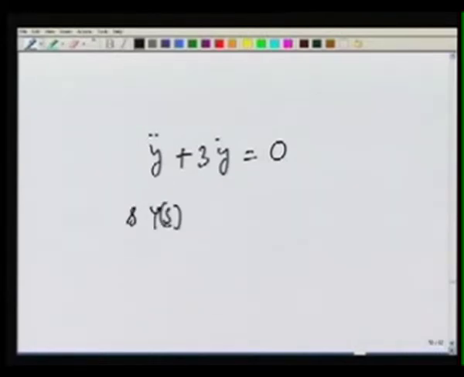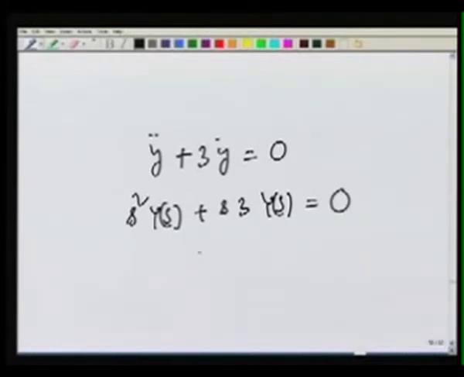So, we found y double dot plus 3 y dot is 0, and if I convert this into the Laplace domain, s square Y s plus 3 s Y s is 0.